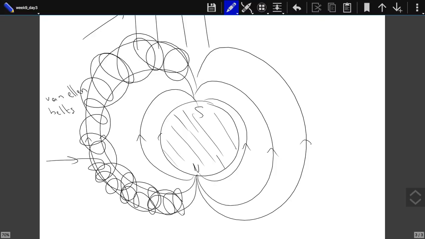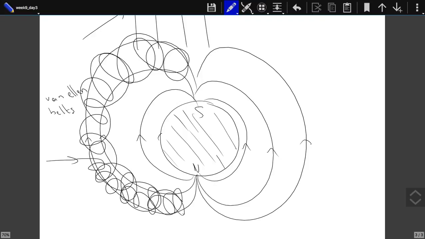So what is special about the geographic North and South Poles? You know, some nice phenomena, some artistic phenomena. The Northern Lights is caused by this. So basically you have all these charged particles coming quite close to the Earth at the poles. They are colliding with the atoms in the atmosphere, mainly the oxygen and the nitrogen.